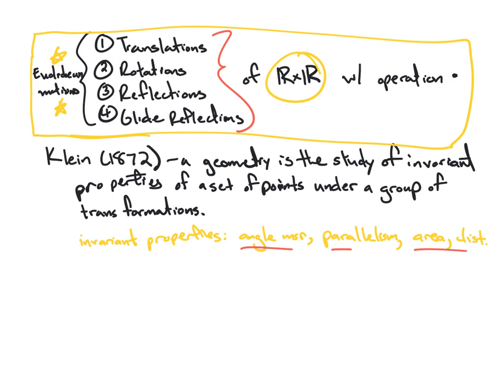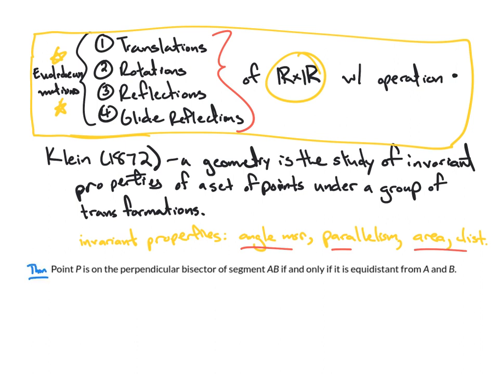For example, consider this theorem right here, that a point P is on the perpendicular bisector of a segment AB if and only if it is equidistant from the endpoints. This is a really useful theorem in geometry. We have A and B, okay? This is an if and only if statement.